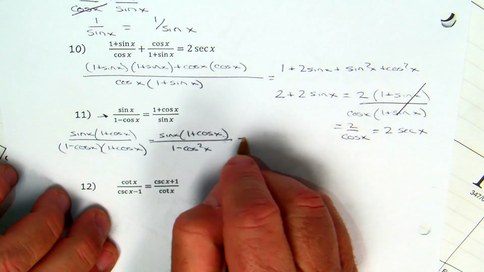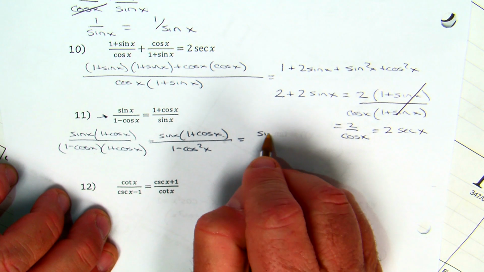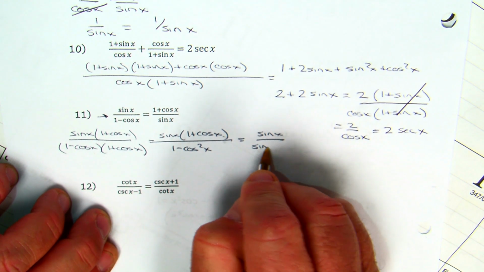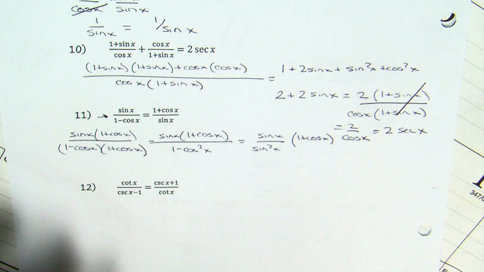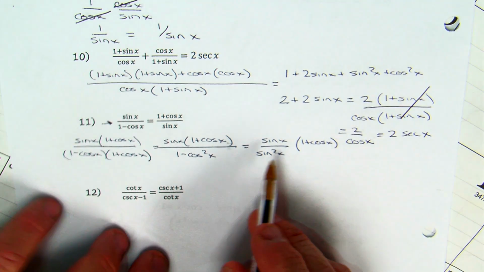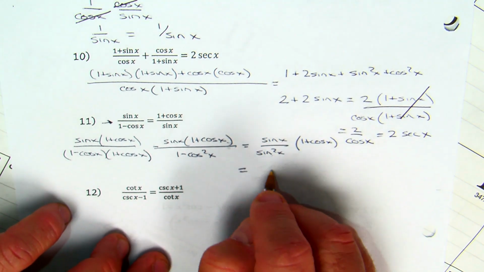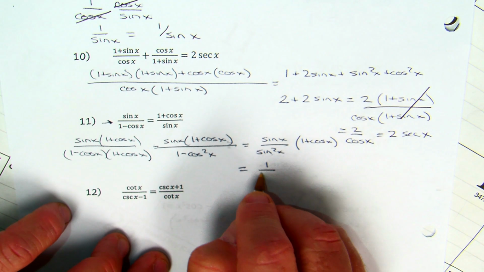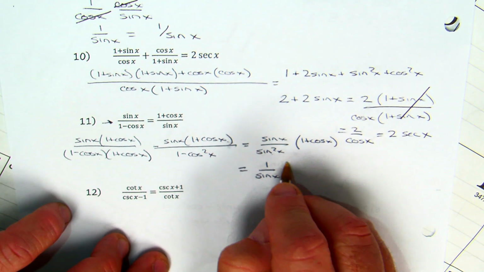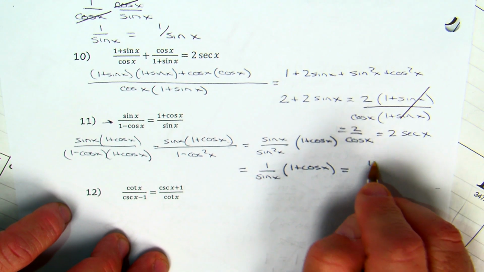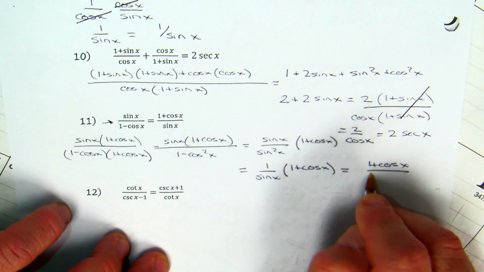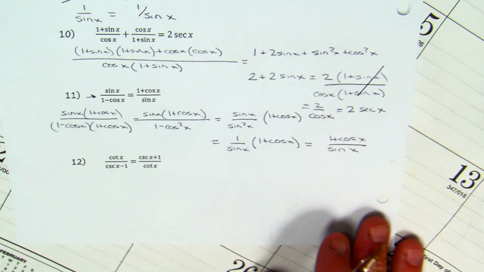One minus cosine squared x by Pythagorean identities is sine squared x. The sine x over sine squared gives you 1 over sine x times 1 plus cosine x. And when we multiply by 1, we just stay exactly the same. And after 6 years of teaching this, I finally figured the easiest way to do it.